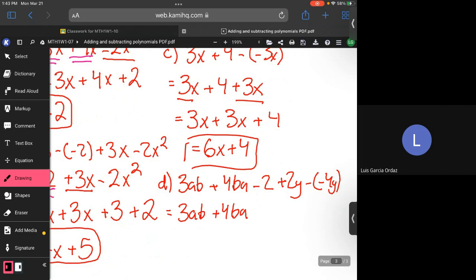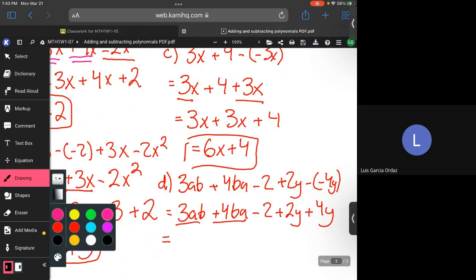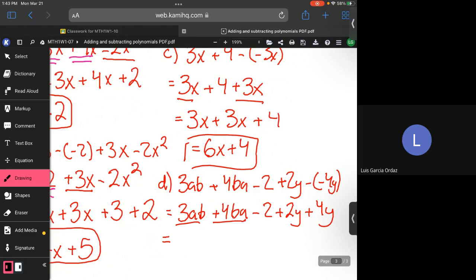So remember that bracket, if there's a negative outside, you change the signs on the inside. So what are my sets of like terms then? Maya. Okay, and what's my last one? Someone else? Claire? Yep. And then minus 2 is by itself.